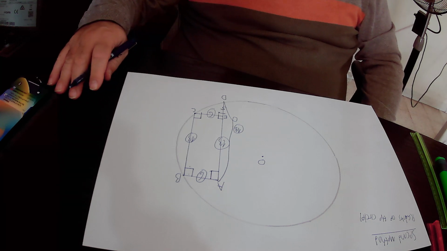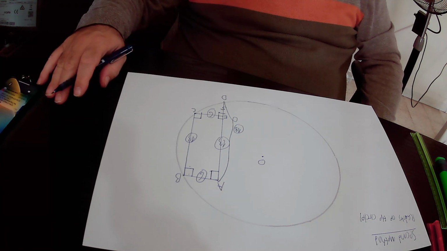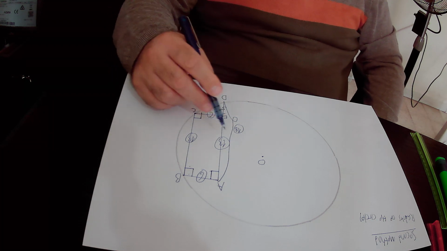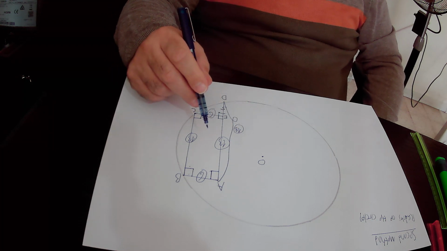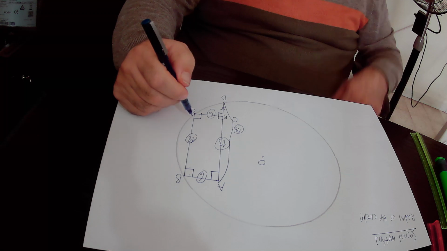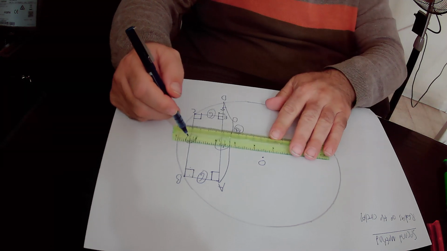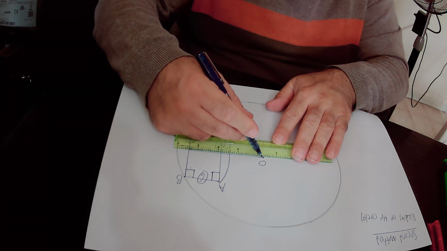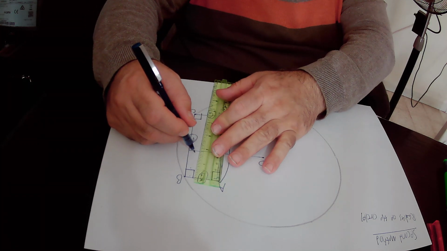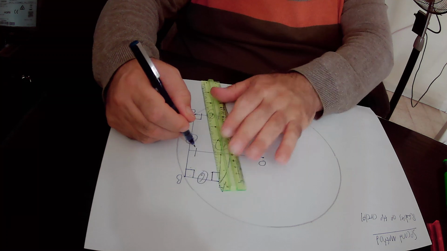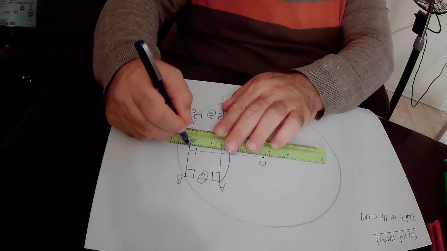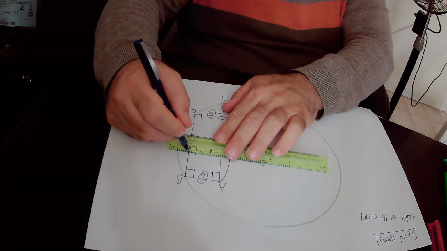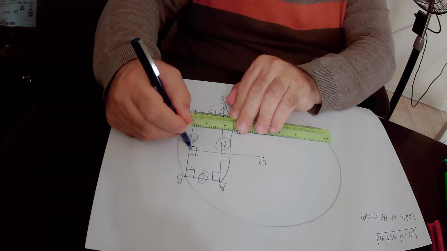In the second method, from point O, that is the center of this circle, we'll draw perpendicular on chord BC. So this angle equals 90 degrees, and this angle equals 90 degrees according to our construction.